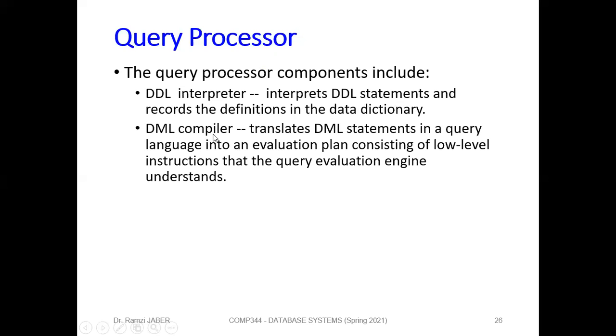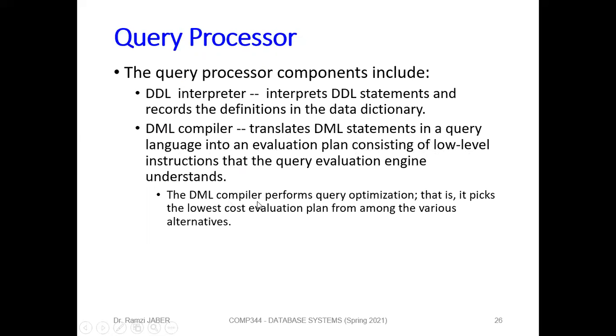And the DML compiler: as we said before, when you write a query like select name from table where something, this is called DML. So the query processor will convert your DML code to low-level instructions that the query engine understands.